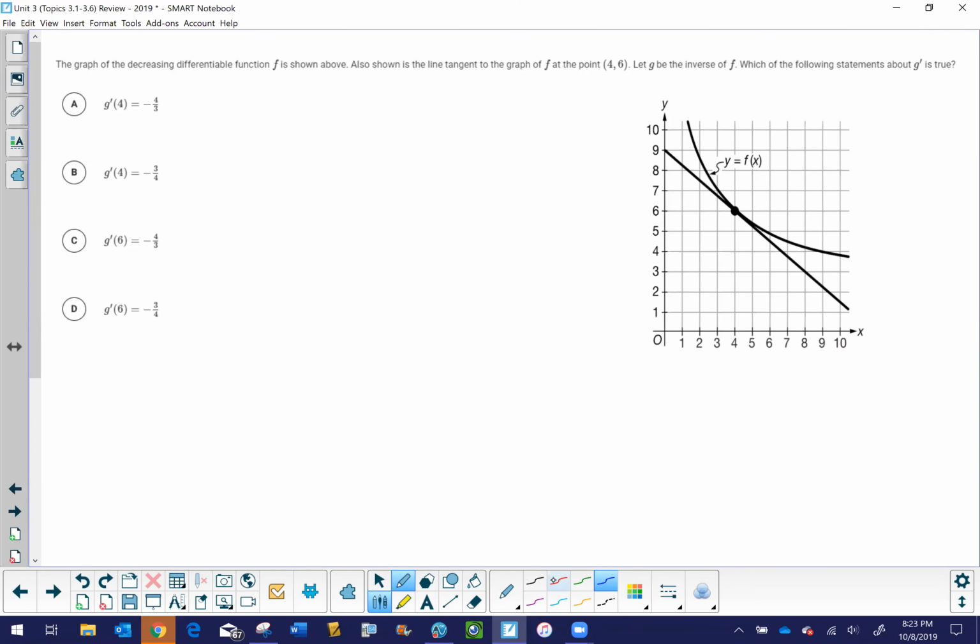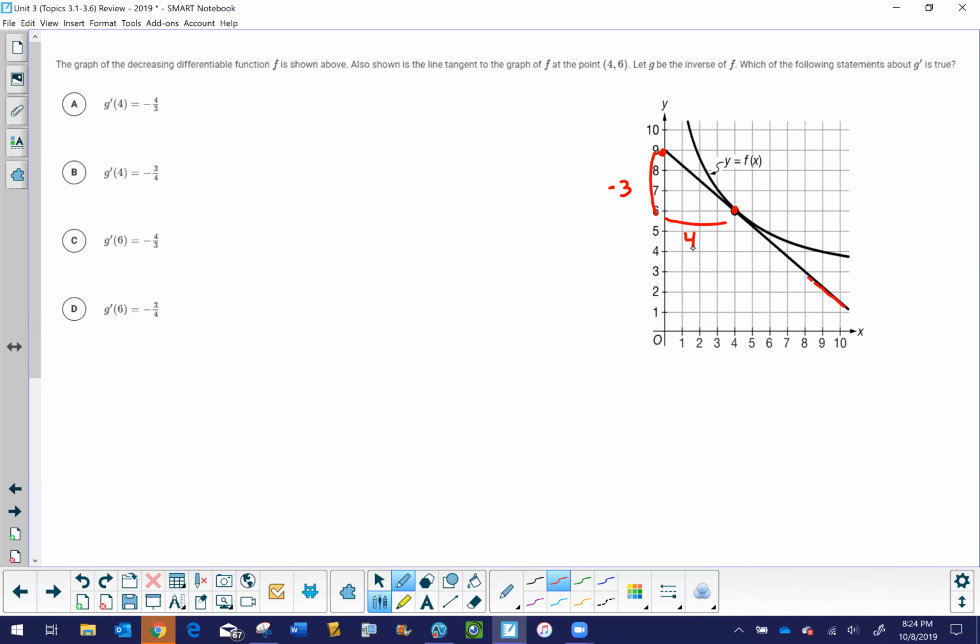All right, so let's talk about this. What is the slope of this tangent line? Is that something that we can compute? If we look at this pretty closely, we have a point right there, and I'd say there's a point up here at (0, 9). So the slope looks like it's going down 3 units over 4, right?